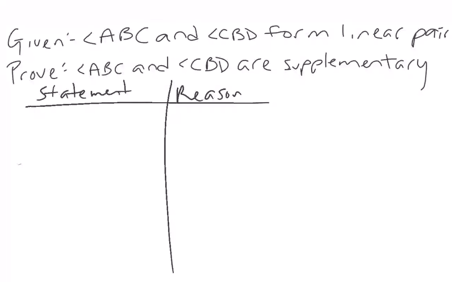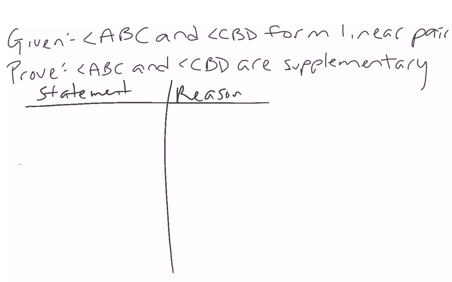We're going to pick up with the last three proofs from our proof booklet. So the next one says, given that angle ABC and CBD form a linear pair, prove that angle ABC and CBD are supplementary.